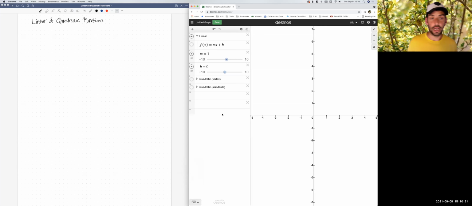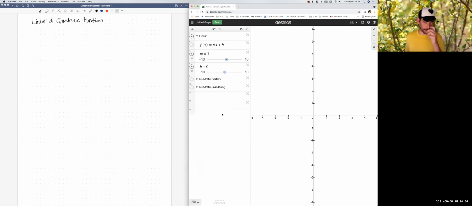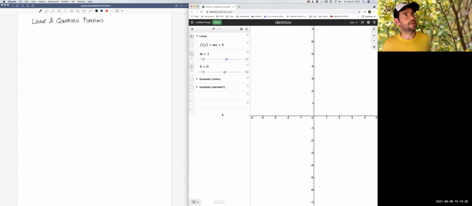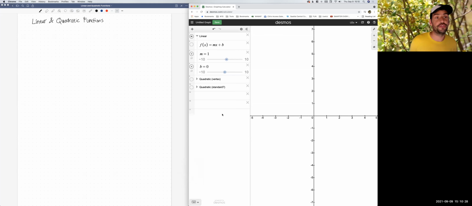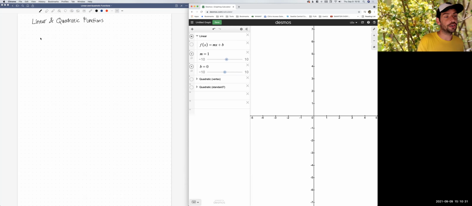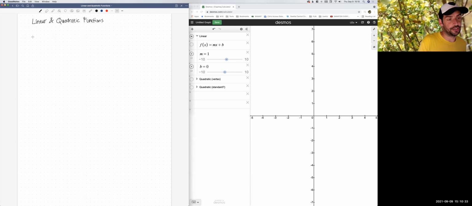All right, so the most typical function, I don't know if that's true, but usually the first function we encounter is what we call a linear function.